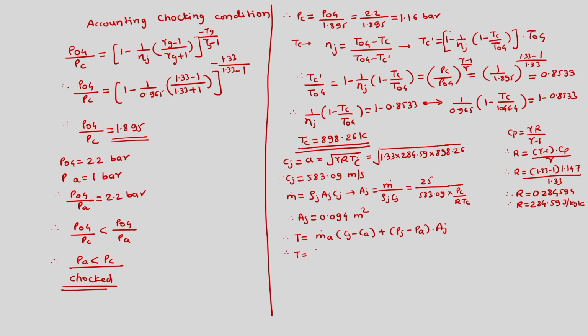So m dot, we have Ca is 0, so 25 into Cj is 583.09, Pj is known to us, which is Pc, 1.16 minus atmospheric pressure, into 10 to the power 5, since these are in bar, into 0.94.